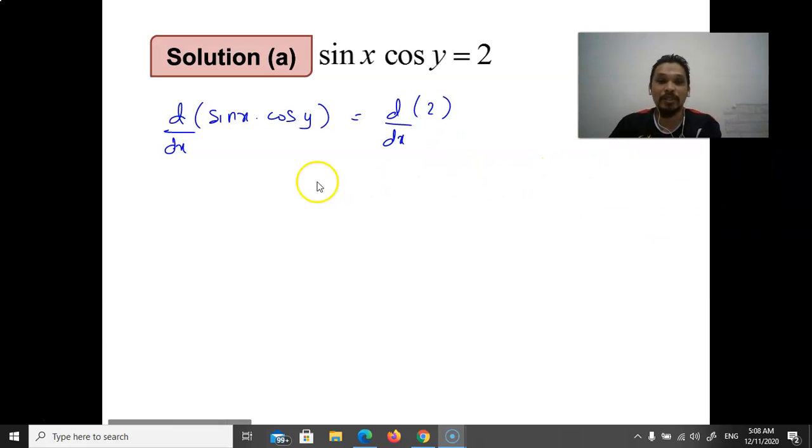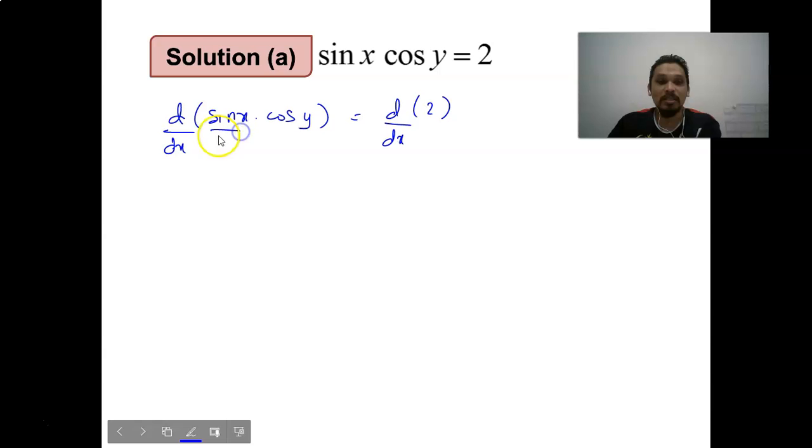For this one here, this is u and this is v. So differentiate this, it gives you u prime v plus u v prime. Let's see slowly one by one. First, derive sine x.